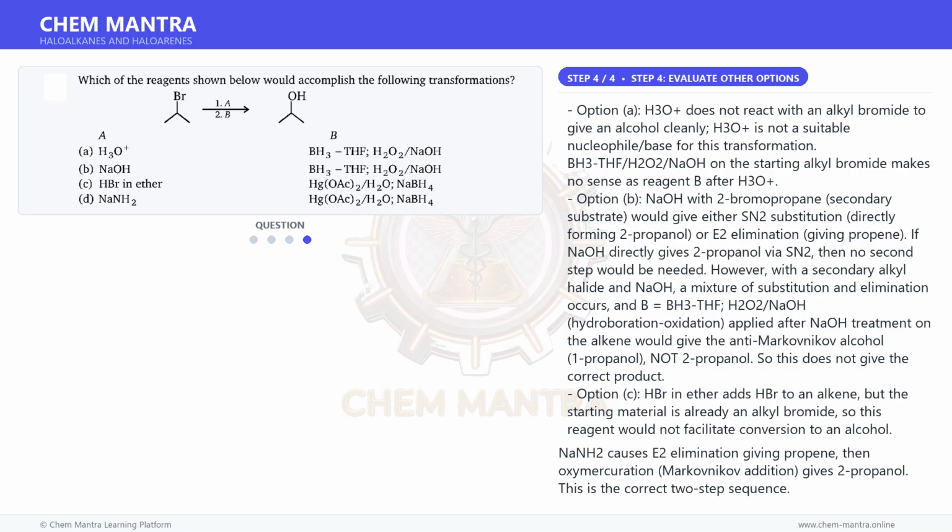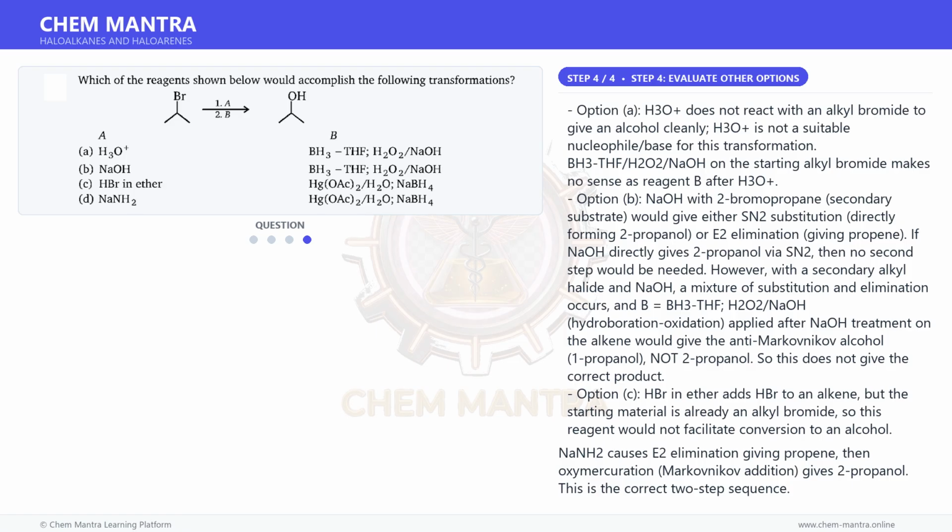However, with a secondary alkyl halide and NaOH, a mixture of substitution and elimination occurs, and B is equal to BH3·THF, then H2O2, NaOH, hydroboration-oxidation, applied after NaOH treatment on the alkene would give the anti-Markovnikov alcohol, 1-propanol, not 2-propanol. So this does not give the correct product.